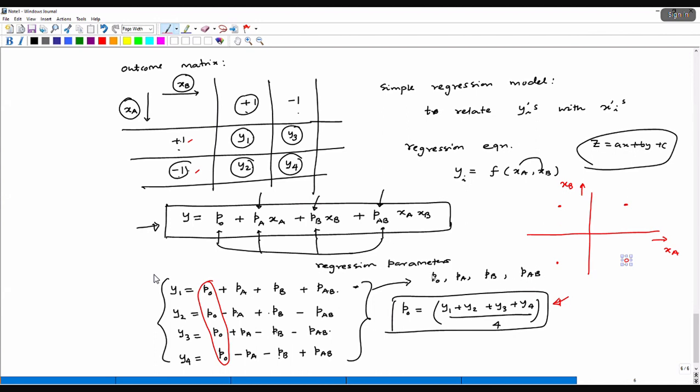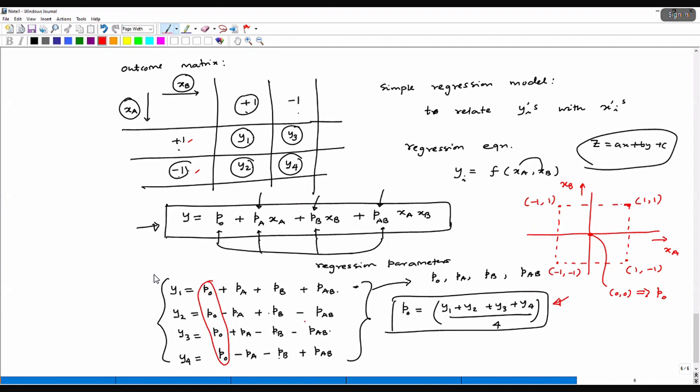Okay, so essentially you have a region something like that. This represents 1, 1. This is -1, 1. This is 1, -1, and this is -1, -1. And this is basically 0, 0, which is nothing but your p naught.